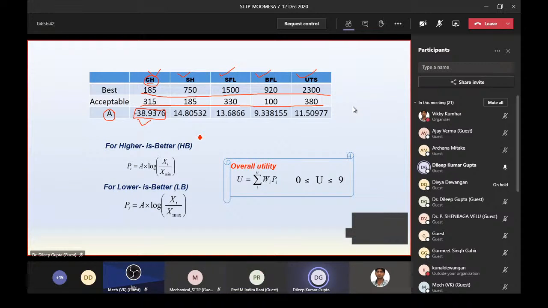The reason behind that is that the behavior of this method is logarithmic, so that is why it is between 0 and 9. If you see carefully in this slide, it is written that the u value varies between 0 and 9, the maximum value. So this will always be 9, however many alternatives you have, so don't worry about it. Is that clear?